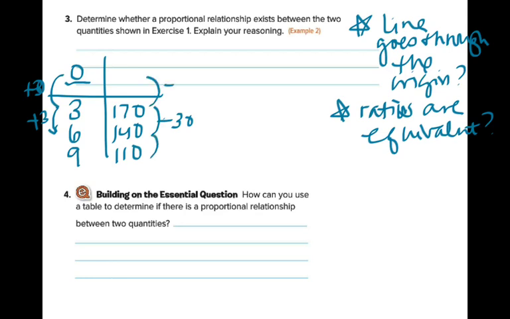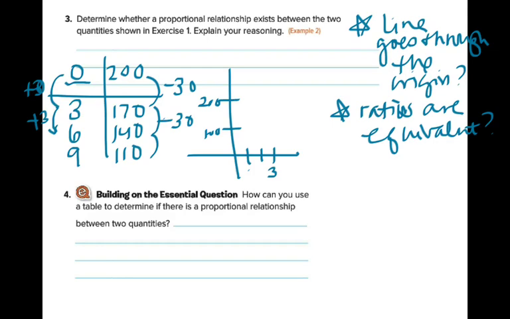So a number up here, when I subtract 30 from it, would get me 170. Well, that's 200. Now if I were to graph this, we'll go by hundreds just for ease. At 0 transactions, I'm at $200.